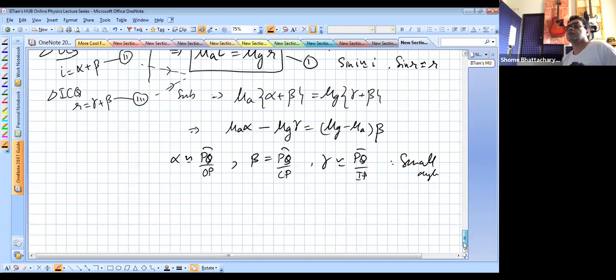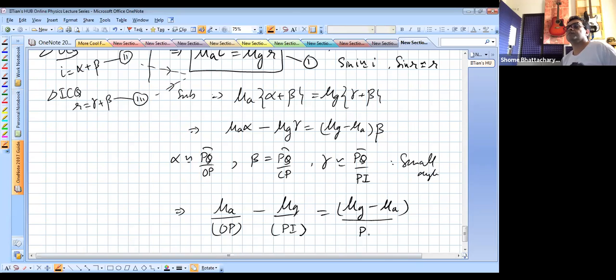So now put that over there and you get the formula: refractive index of air upon OP minus refractive index of glass upon PI is equal to glass minus air divided by PC.